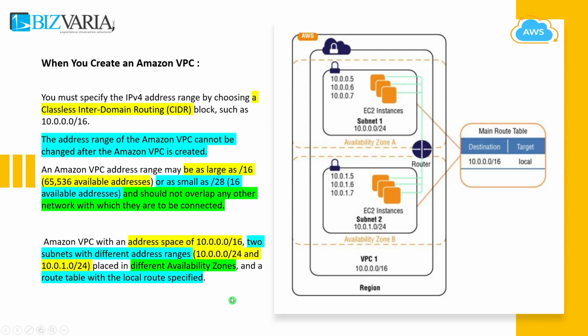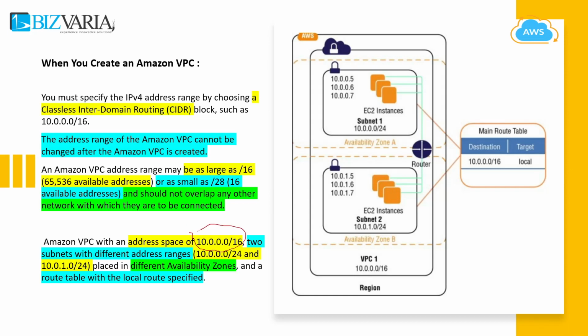Amazon VPC with this address space, and 2 subnets with different address ranges. So here's an example you were just asking me. You created your apartment size with the block, this is the /16 block, right?